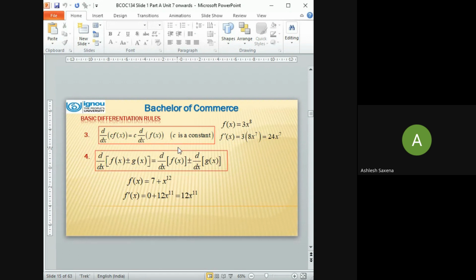If it is in the form f(x) is equal to 3x to the power 8, straight away multiply 3 with 8 and reduce the power of x. So it will be 24x raised to the power 7.